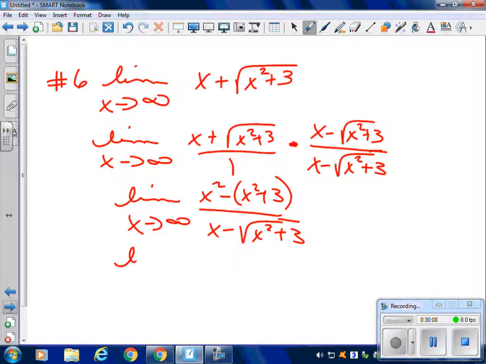Okay. So if you distribute your negative, that's going to be negative x squared, negative 3, so I'm just going to have negative 3 over my denominator.